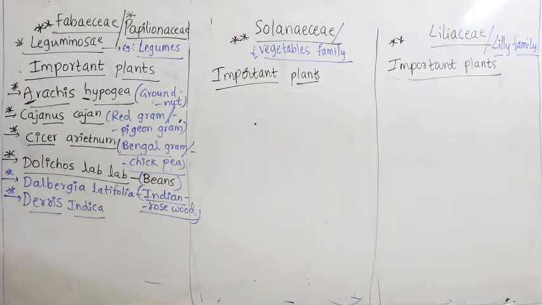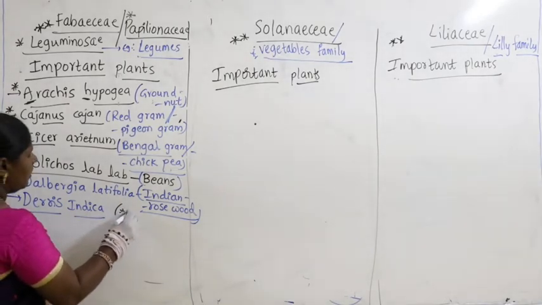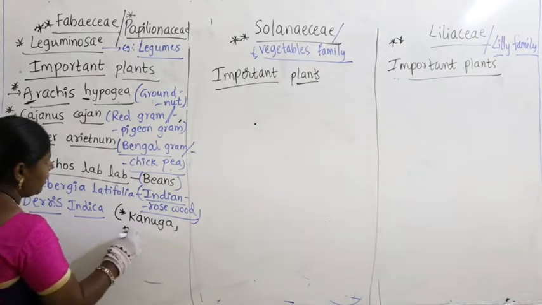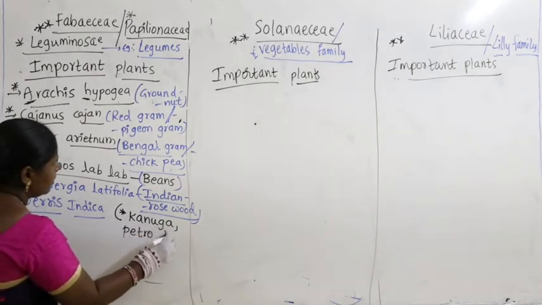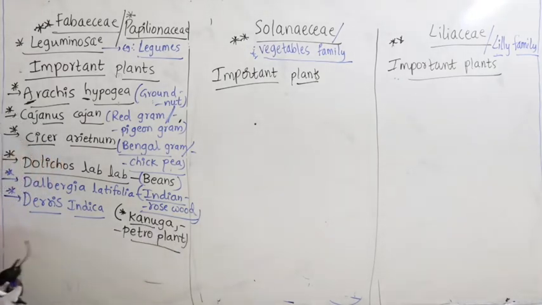Now this Derris indica is also called Kanuga. It's called petroplant. Kanuga, or it is also called petroplant. Actually, Derris indica is also used in medicines, in the economic importance.